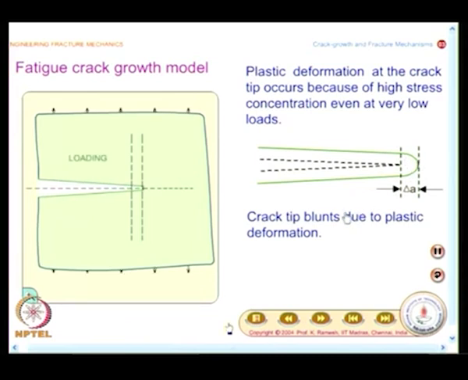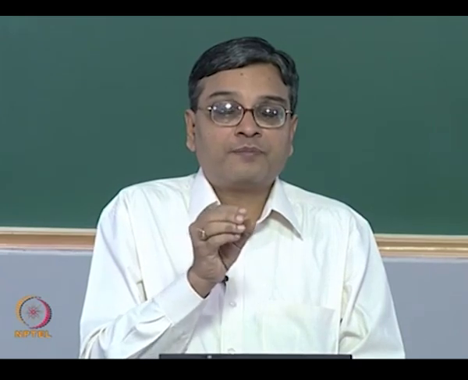So, you had a sharp crack. From the knowledge of English solution, you can anticipate the stresses would be very high even for very small external loads. So, there would be plastic deformation. This plastic deformation causes slip, and you find slip in complementary planes. Then eventually you find a crack has grown by some distance and it is blunt because of plastic deformation.